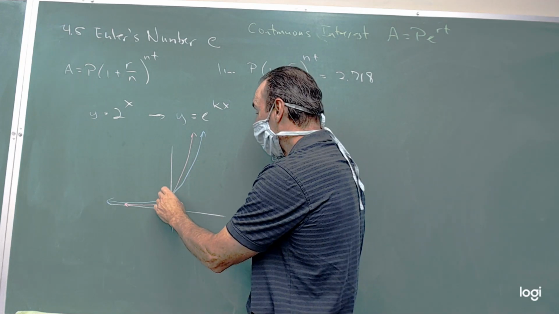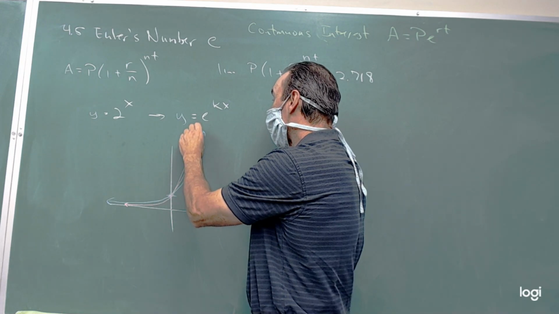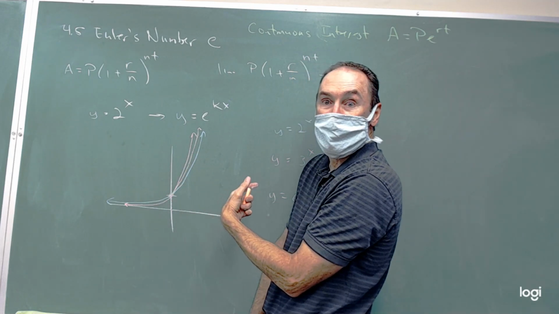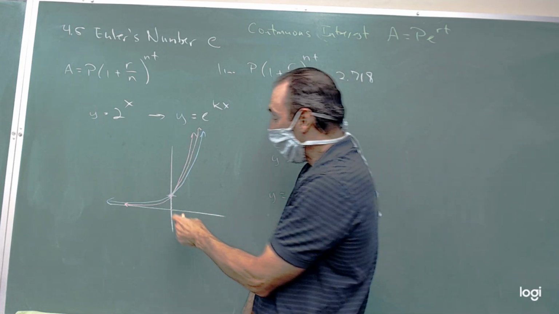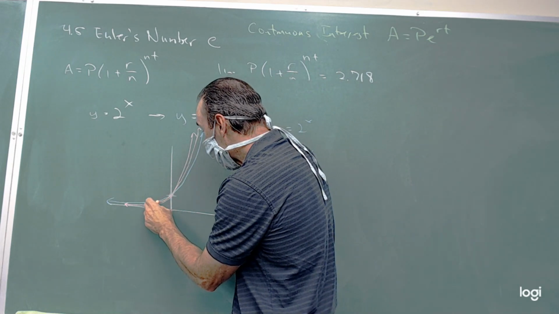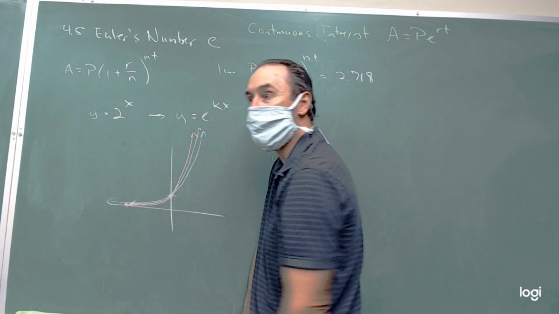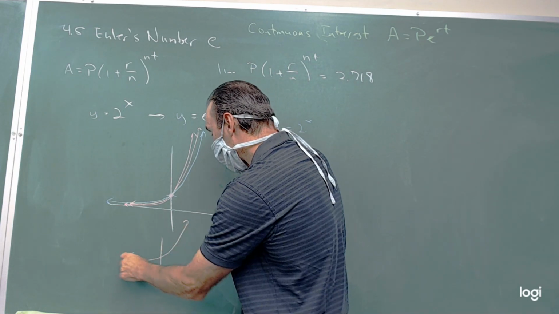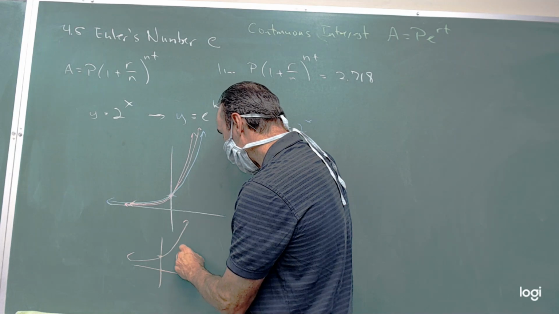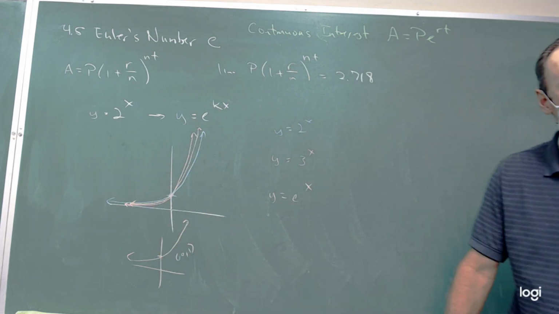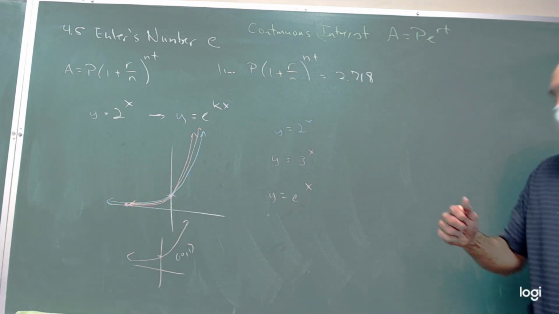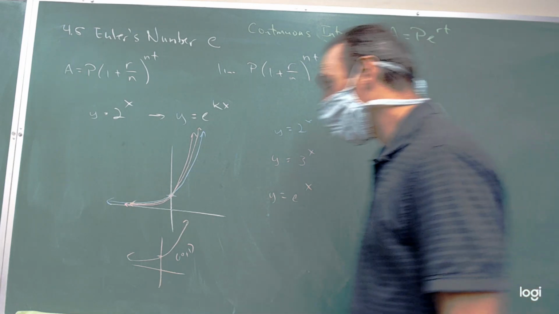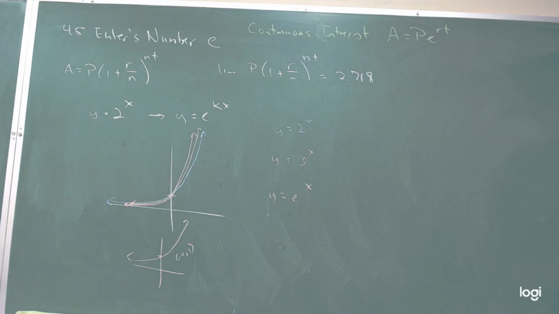Since it's bigger than 2 to the x, it's going to be steeper than the blue one. But because it's less than 3 to the x, it's not going to be quite as steep as the pink one. And likewise here, it's going to squeeze its way in between as we hug the x-axis. So the bottom line is we can think of the graph of e to the x as just another exponential growth function. Try to not make it seem like something way, way exotic or confusing, because we don't want it to be confusing.